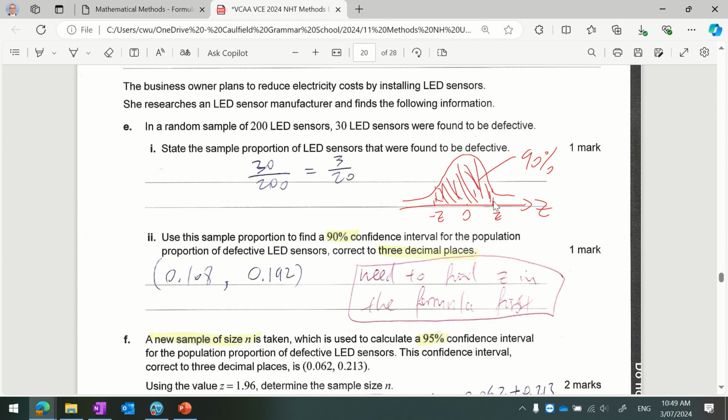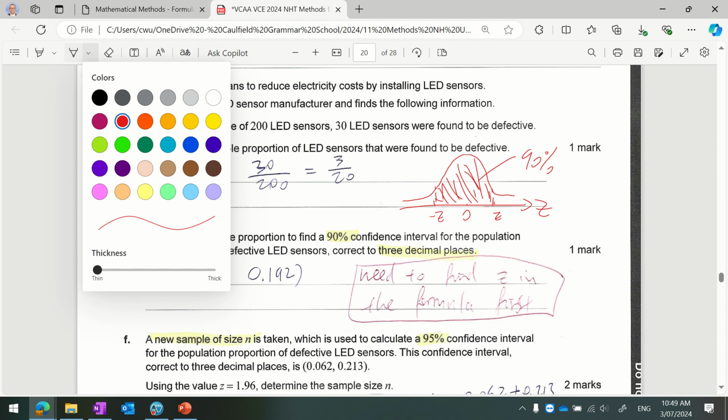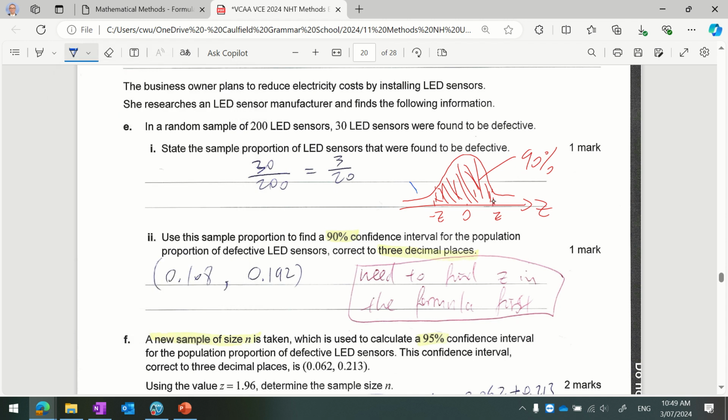And that means this area is 5% because the graph is symmetrical. 90% in the middle, 10% total if you combine both sides, and then 5% on each side.